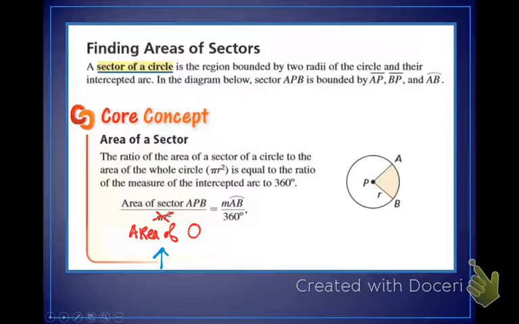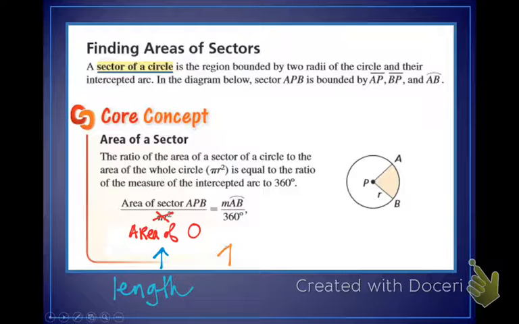So just like the other one, the first fraction is in length, so it's going to be in inches squared or meters squared, centimeters squared, and so on. What's APB? APB is the arc. Or actually the angle APB.